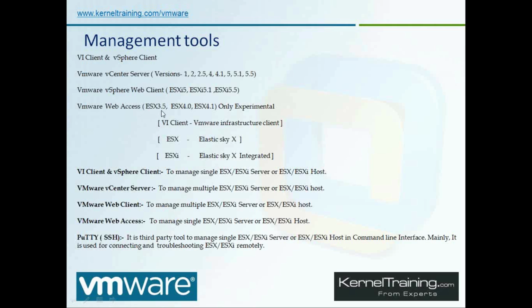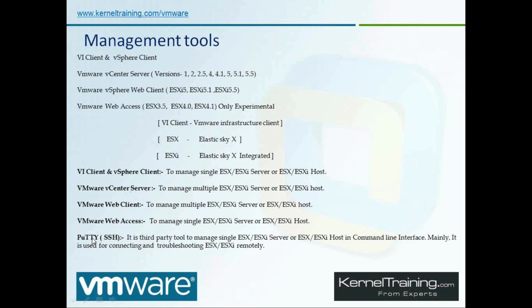Web Access is only available in the ESX version, not in ESXi. VMware introduced it for experimental purposes. With Web Access we can manage a single ESX server, similar to the vSphere Client. Web Access and the web client we access through a web browser, but the vSphere Client and vCenter Server we manage through the application.